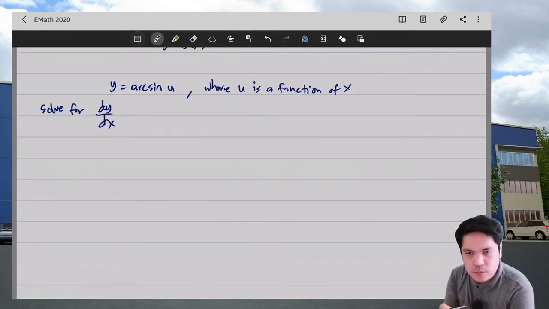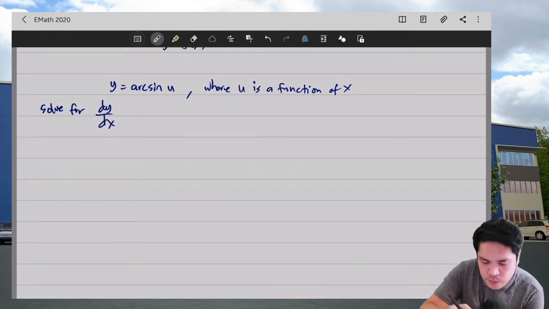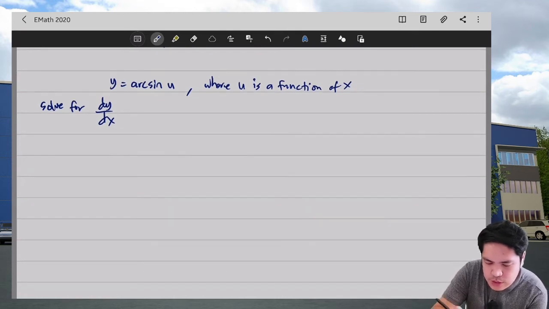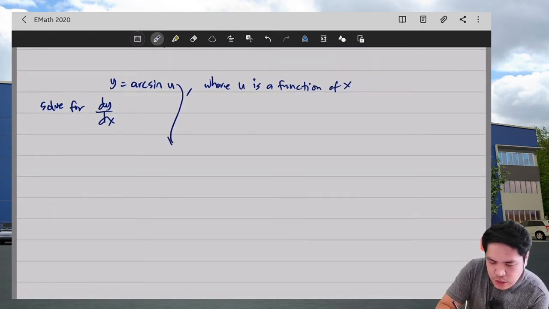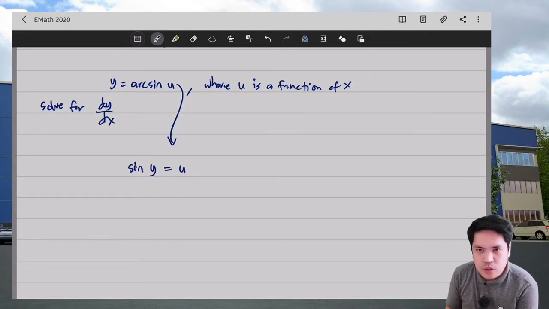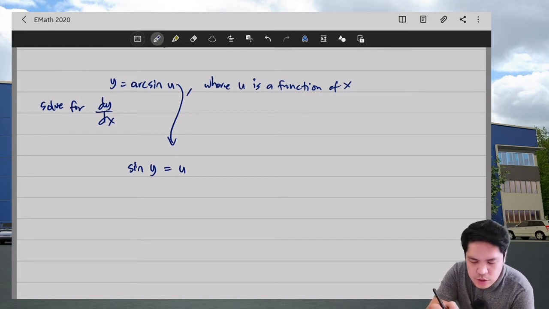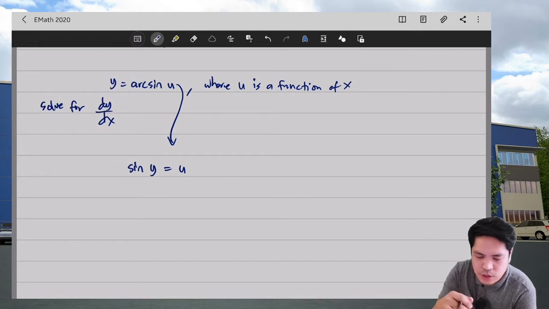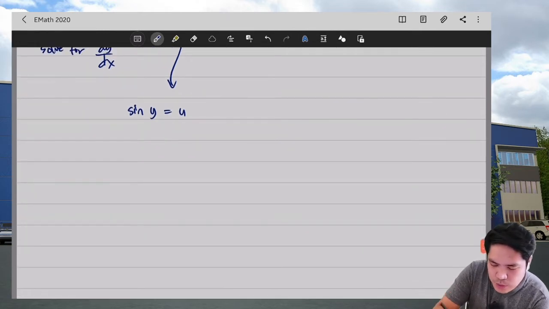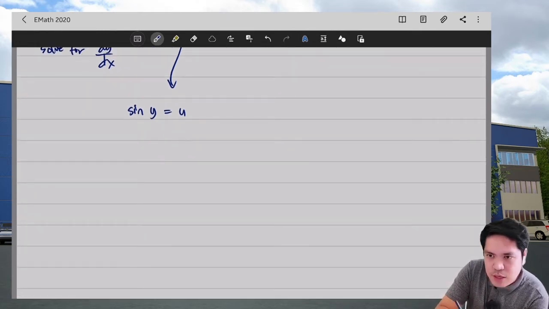So we'll use the chain rule here. If we start from y is equal to arc sine u, it follows that sine y is equal to u. And to solve for dy over dx, we'll just solve this implicitly. Okay? So by implicit differentiation, what is the derivative of sine y?